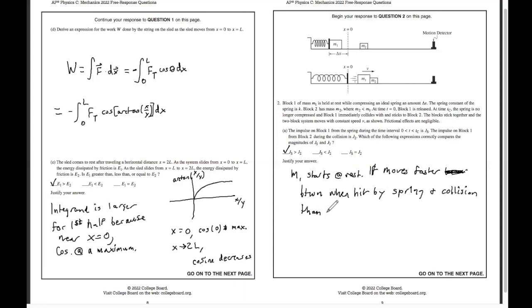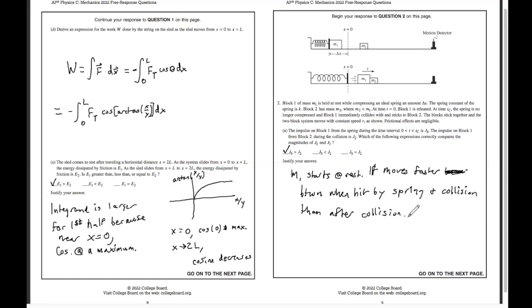And in this case, the answer is actually going to be that the spring impulse is larger than J2, simply because M1 starts off at rest, and then it moves faster between when the spring hits it and the collision than after the collision.